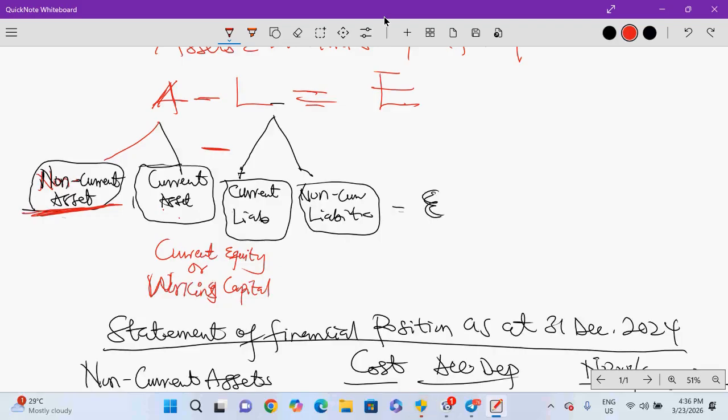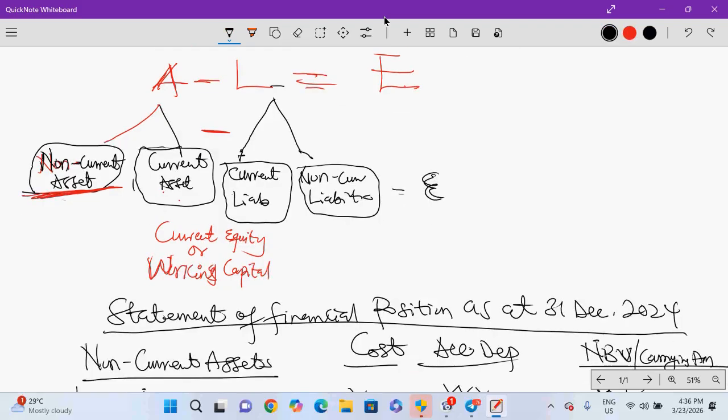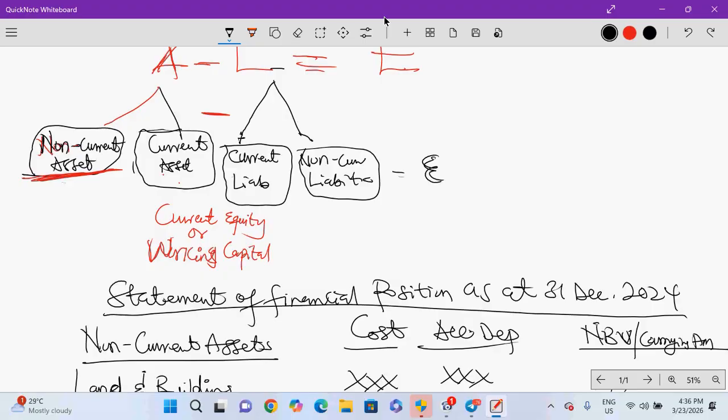What is the next item? Is it current liabilities or current assets?